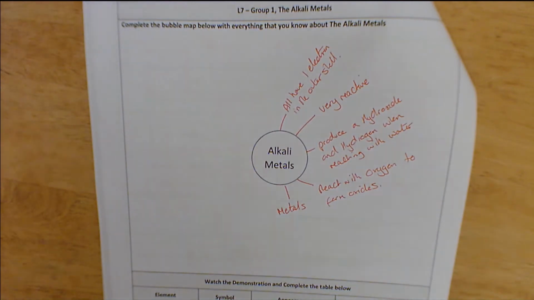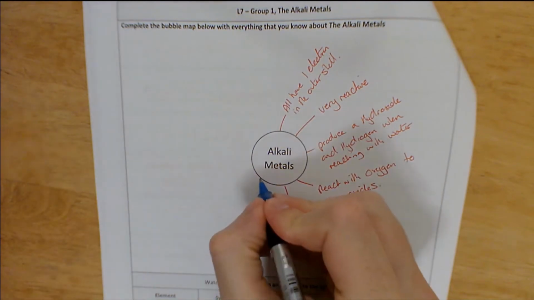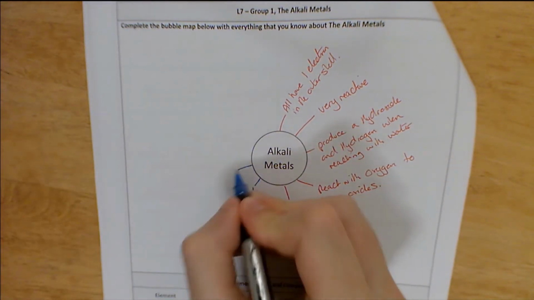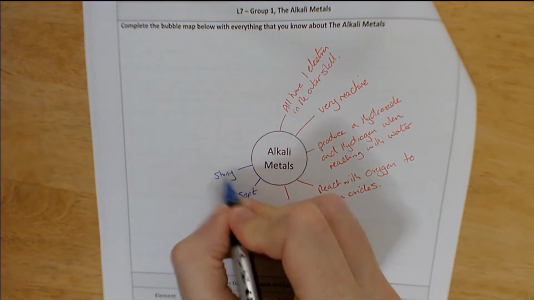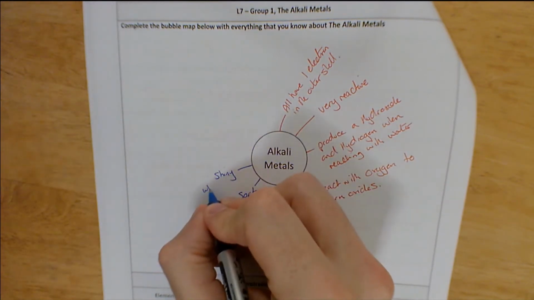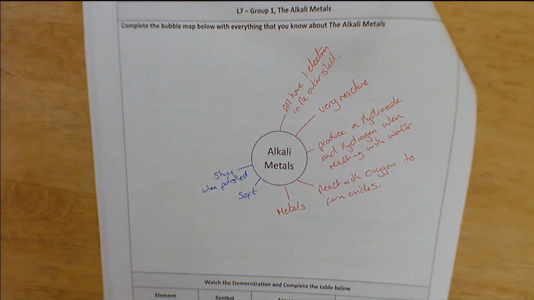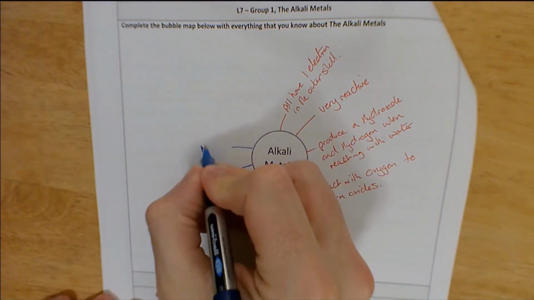So other things that we might expect to see, well, we saw that they were very soft. It was very easy to cut into them. They were shiny when polished. Obviously the outside of them wasn't particularly shiny, but if you polish them or if you cut off the oxide coating, then they would be nice and shiny. They were very malleable.